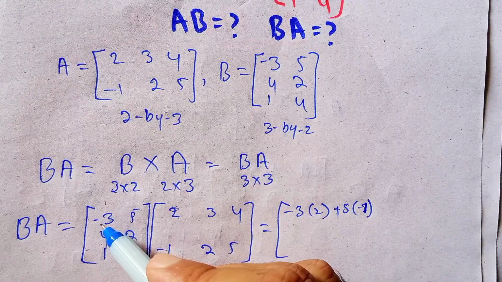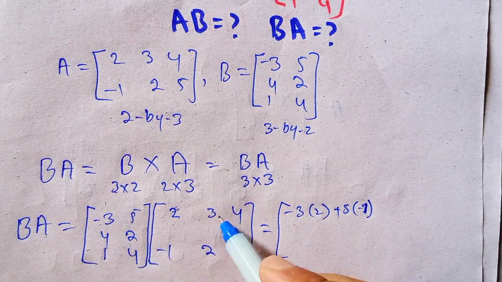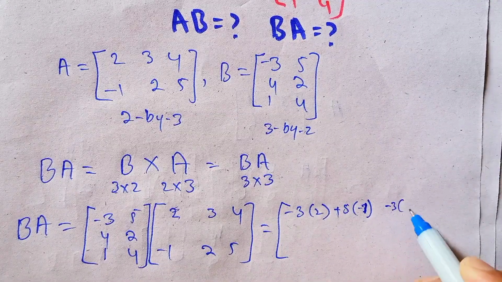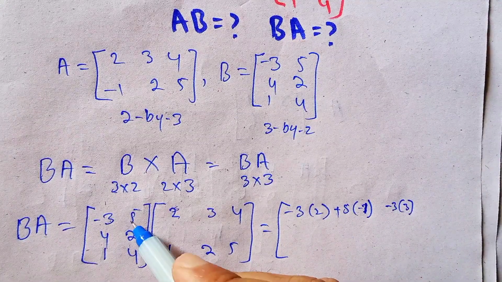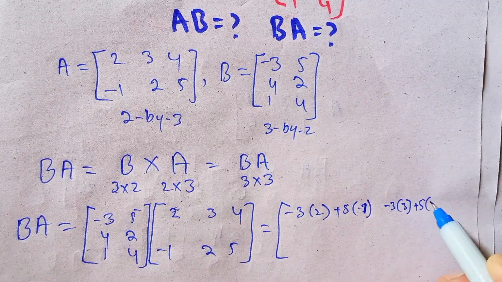Now again multiply the first row of matrix B with the second column of matrix A. Negative 3 times 3 plus 5 times 2.